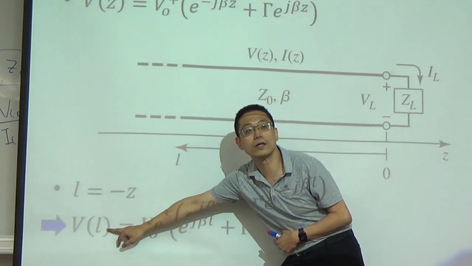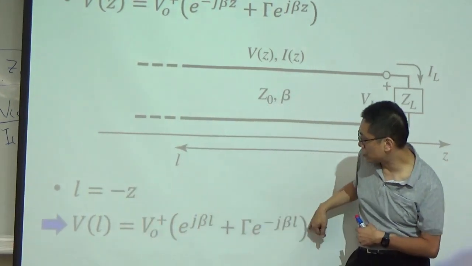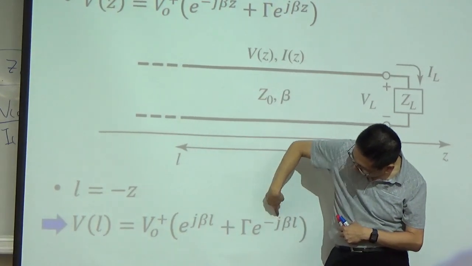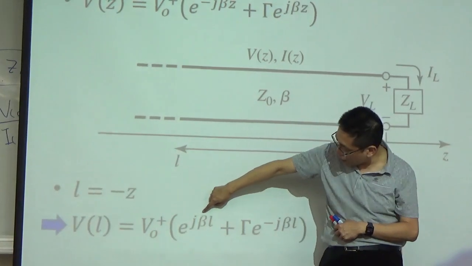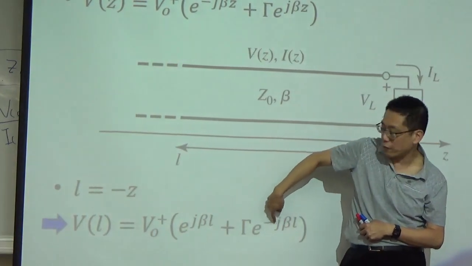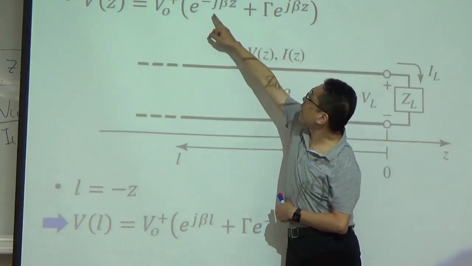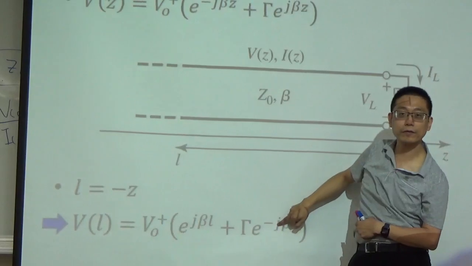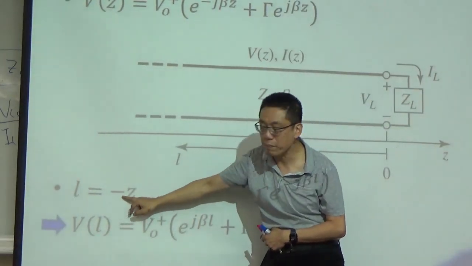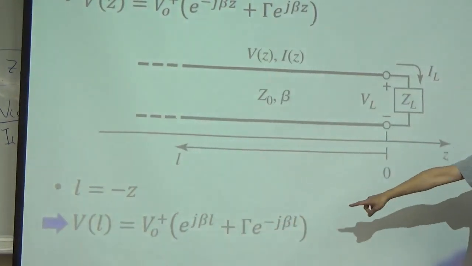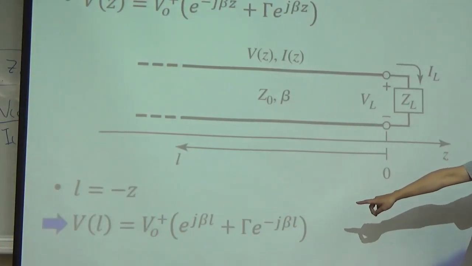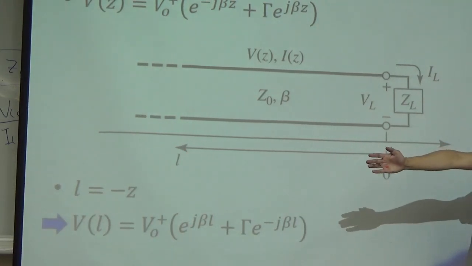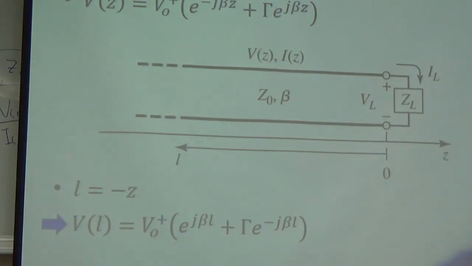L is the position. Because it is a minus, you change the sign for the j beta L term, from minus to positive and positive to negative, because of L equals minus Z. And this is a new voltage equation that depends on the length.